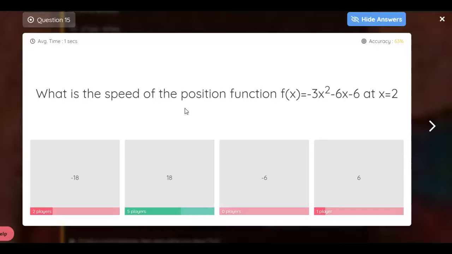So I'm going to think our biggest mistake was that we didn't take the absolute value. And that's why we got the negative 18. Speed is the absolute value of velocity. So in order to get the correct answer for this question, you had to take the absolute value of your answer, which was positive 18.